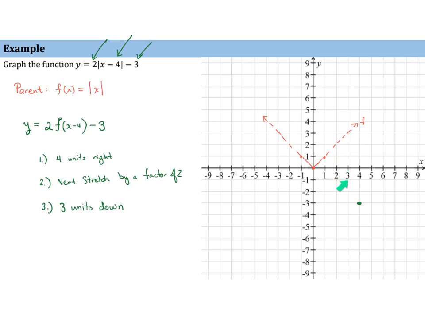So we'll be at (3, -1). Now move (1, 1), and we will end up at (5, -1). And so here we go. Here is our new transformed function's graph. So there is y.